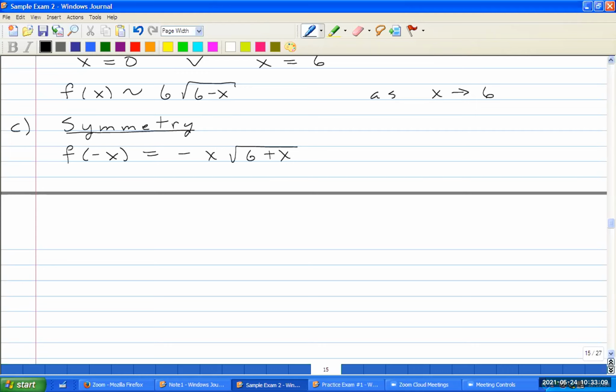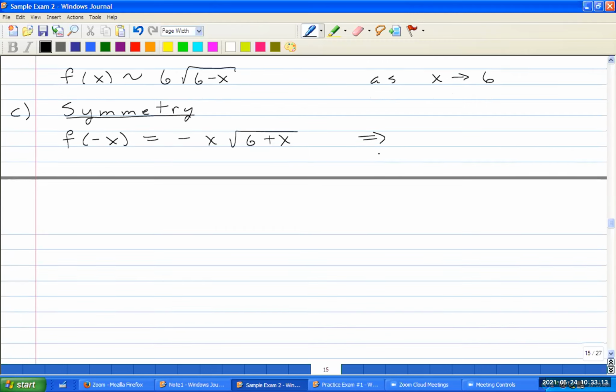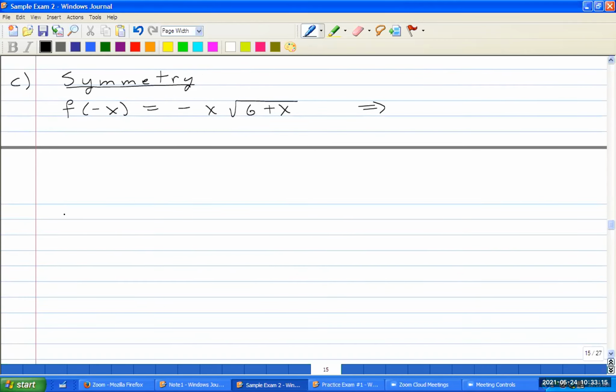And this is neither equal to f of x nor minus f of x. So it's neither even nor odd.